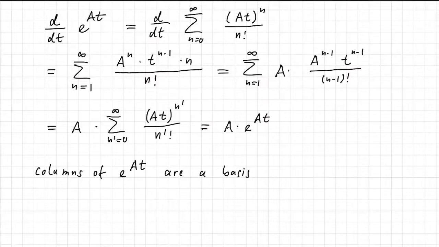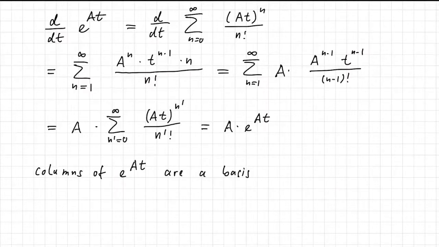Quite generally, you can show that this matrix is invertible for every t, because the inverse is just e to the minus at. So we know that all the columns of e to the at are linearly independent and form a basis.